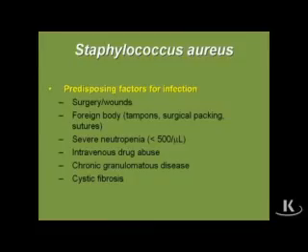Okay. Some of the other things listed here, neutropenia and IV drug abuse, we'll talk about in a little bit. Chronic granulomatous disease, we're going to talk about more specifically with the immunology. But what I'm going to tell you now is that patients with CGD have frequent and recurrent infections with catalase-positive bacteria.